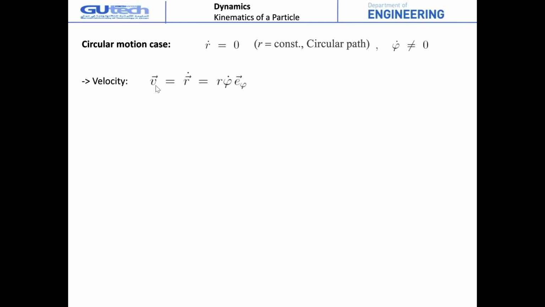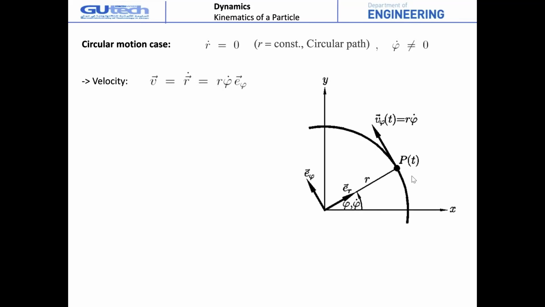The velocity will take only the second term, since the first term is equal to 0, considering the previous equations. That means we have v phi, which is perpendicular to ER, along the direction of the unit vector E phi, and it is r phi dot.